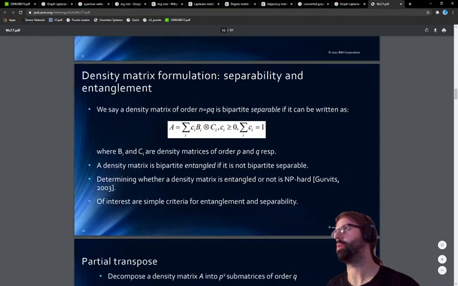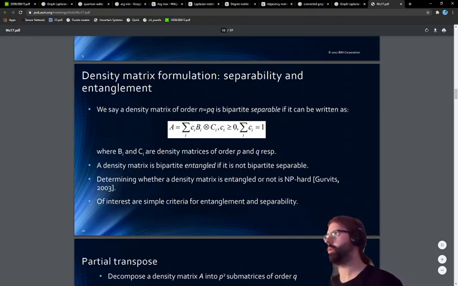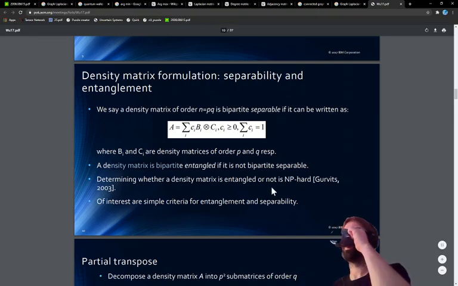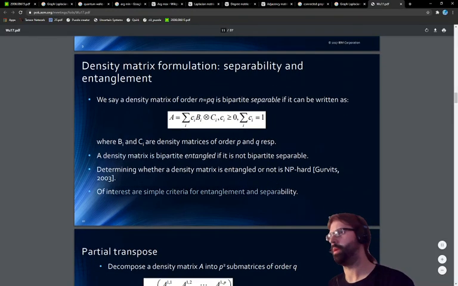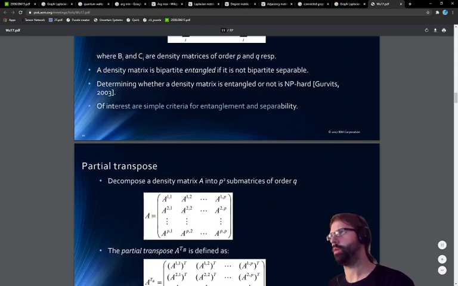We say a density matrix for orders P and Q is bipartite separable if it can be written like this, and is bipartite entangled if it is not bipartite separable. This is NP-hard. Simple entanglement and separability test: partial transpose. Decompose the density matrix into P square matrices for the Q.